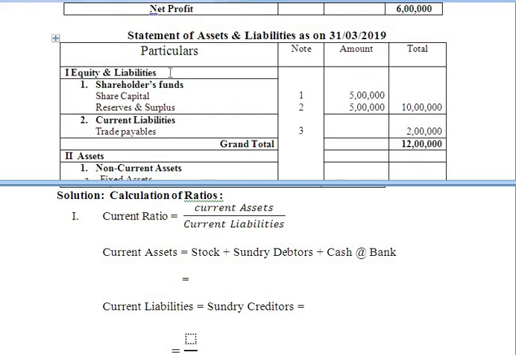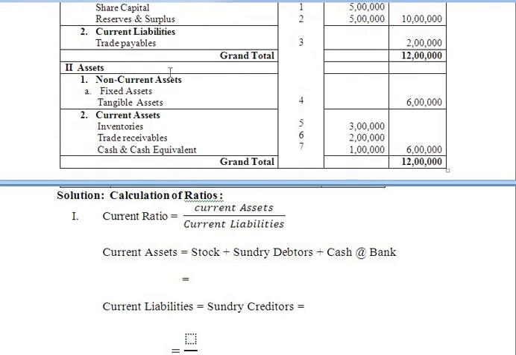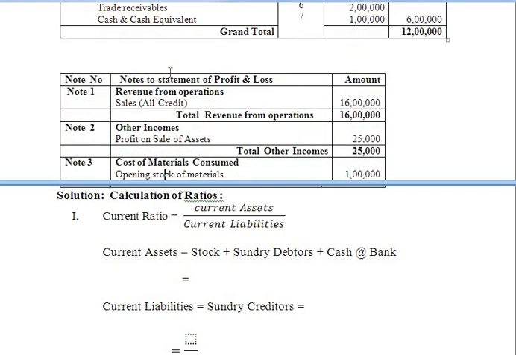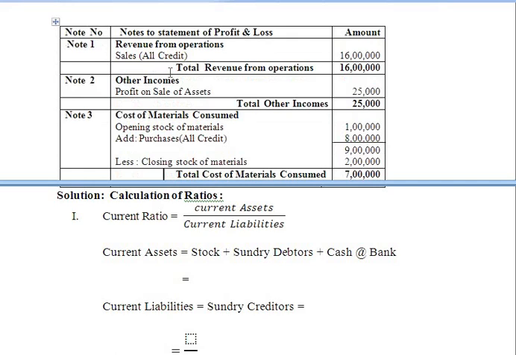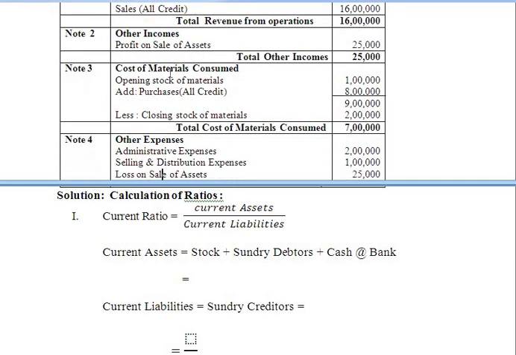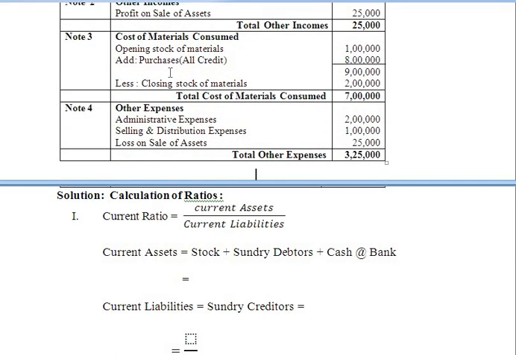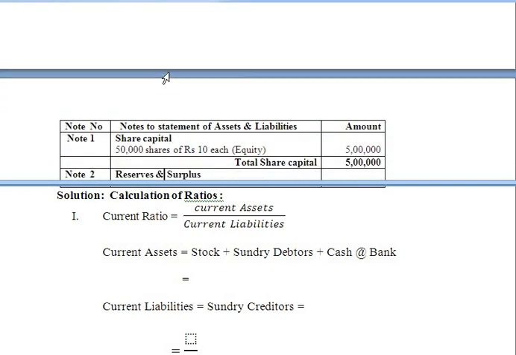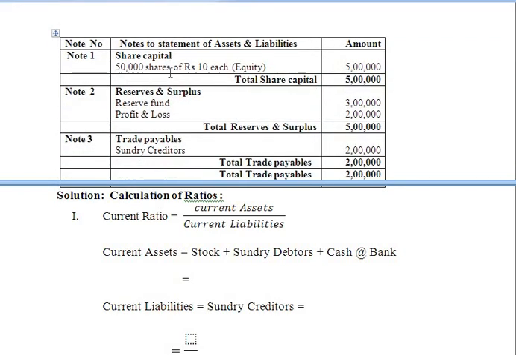This is the equity and liabilities side and this is the asset side. Next, these are the notes to the statement of profit and loss, that is income statement. In total there are 4 notes. After this, notes to the statement of assets and liabilities.